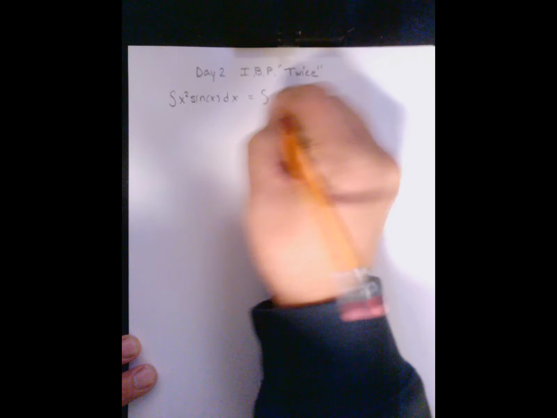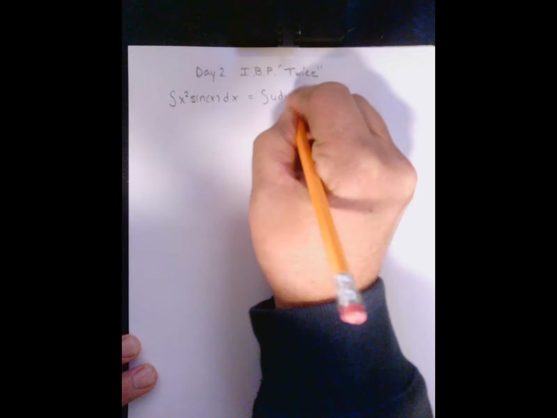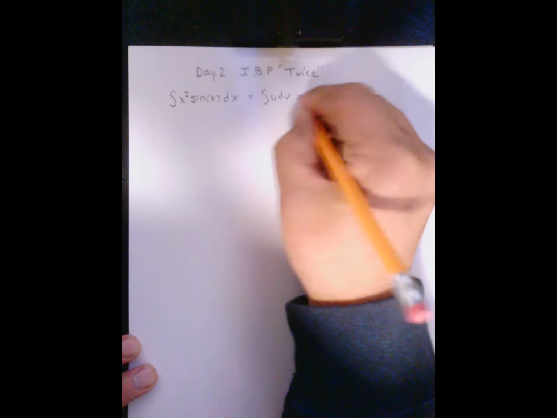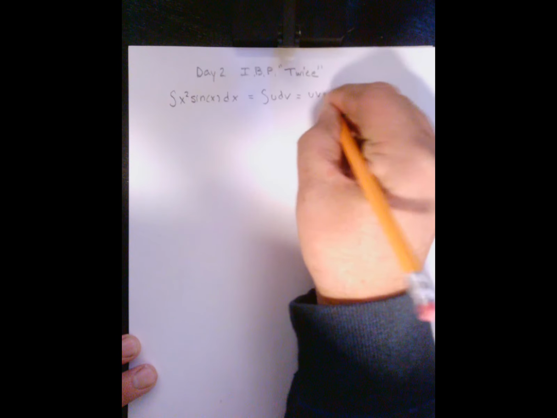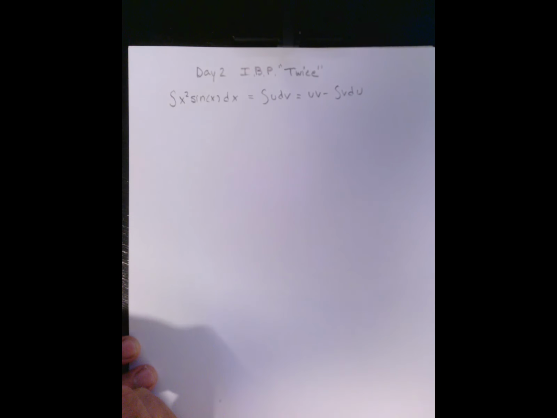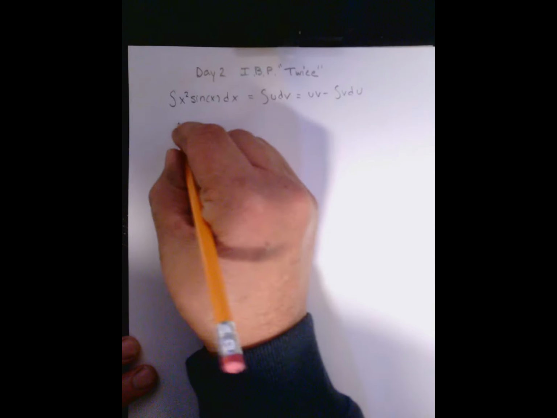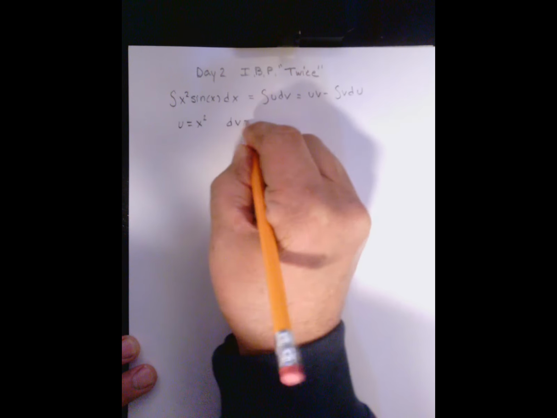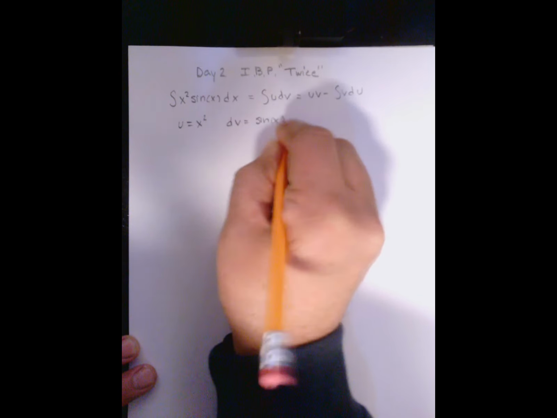Remember, with integration by parts, we are going to think of the integral as the integral of the product of a function and a derivative, which we have a formula for. And we make choices for u and dv, and hope that it works out.